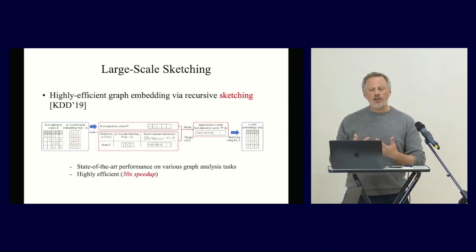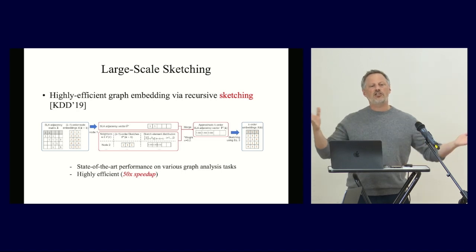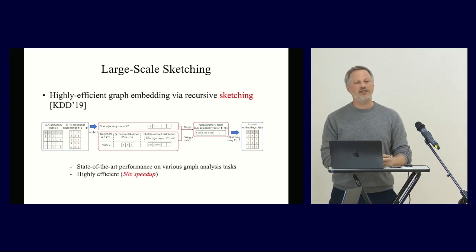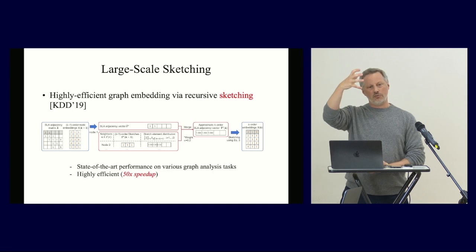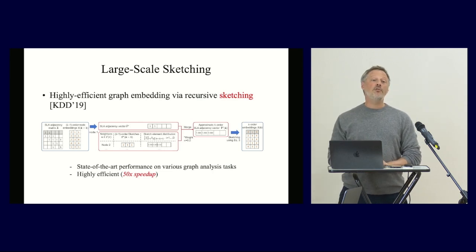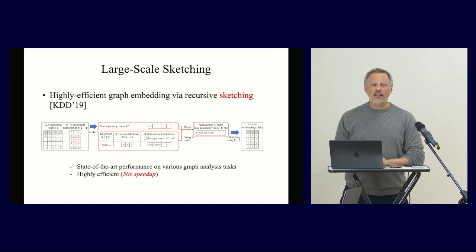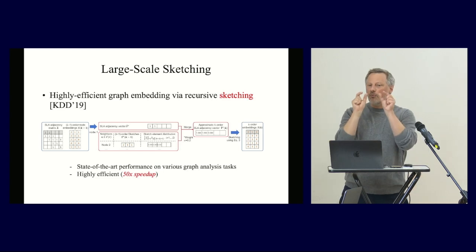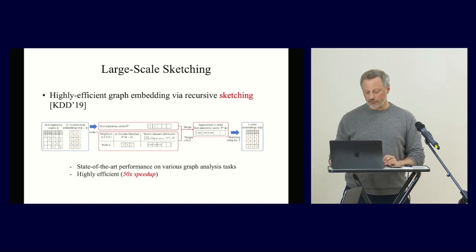And finally, we've been working on very large scale knowledge graph embedding by using probabilistic structures called sketching. So you might know sketching, right? This is a way to basically get some information about some of the data, but in a probabilistic fashion. What's the advantage? It's much faster. So we got very good speed up by using sketching to do the embeddings instead of having more specific and strict ways of doing this.